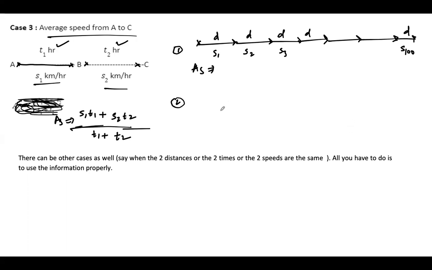The total distance is 100D, and total distance upon total time. Speed is given, and the time will be D by S. So the time taken for the last stretch would be D by S100.